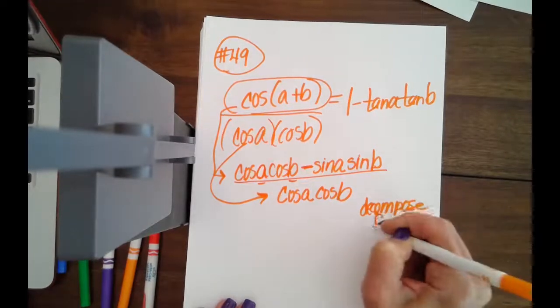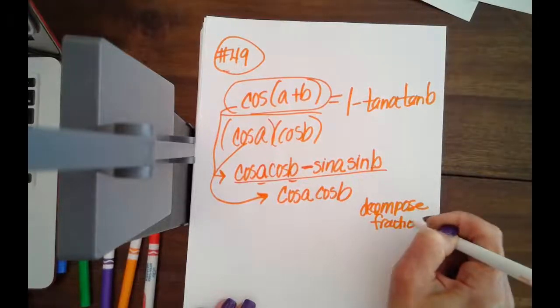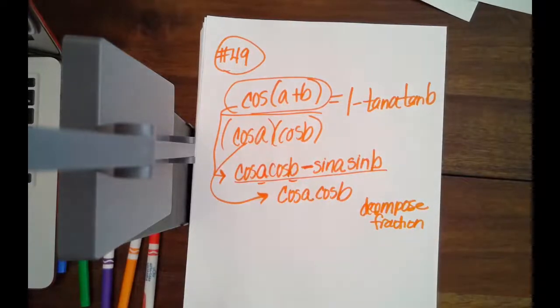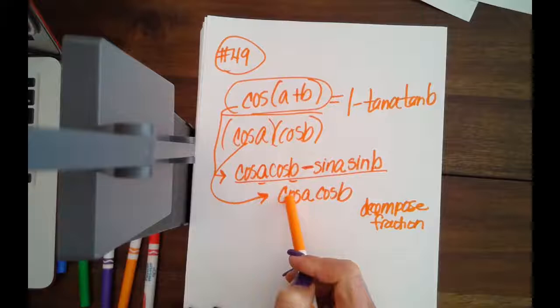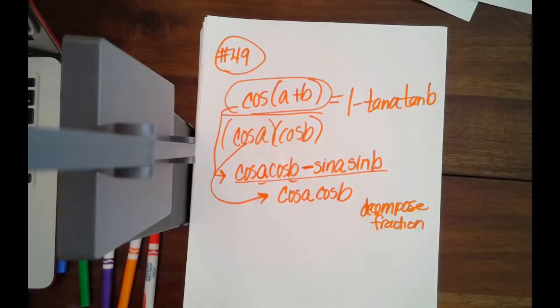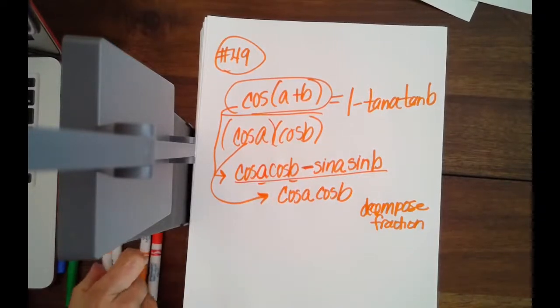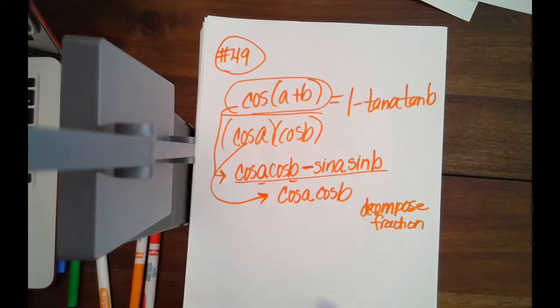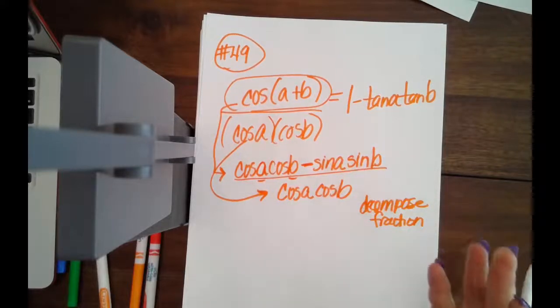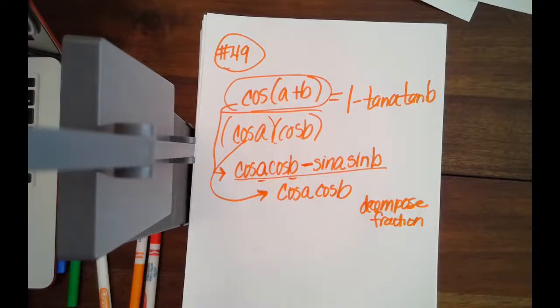Okay, here's where you're going to use what we call decomposing a fraction. All this is the result of two fractions having been joined together. So we're going to write them as what they had looked like before we subtracted them. If they're sharing a denominator, that means they had the same denominator. We're going to split it.